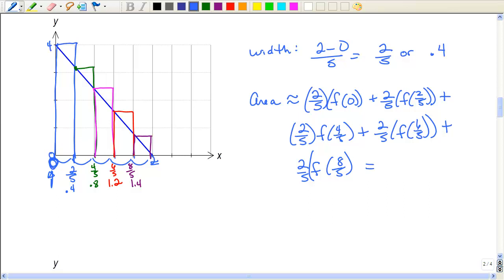Okay, so if I add all that together, that is going to be the approximate area, but we know that it's going to be too large. Notice I didn't use the 2 because that would not have given me a rectangle.